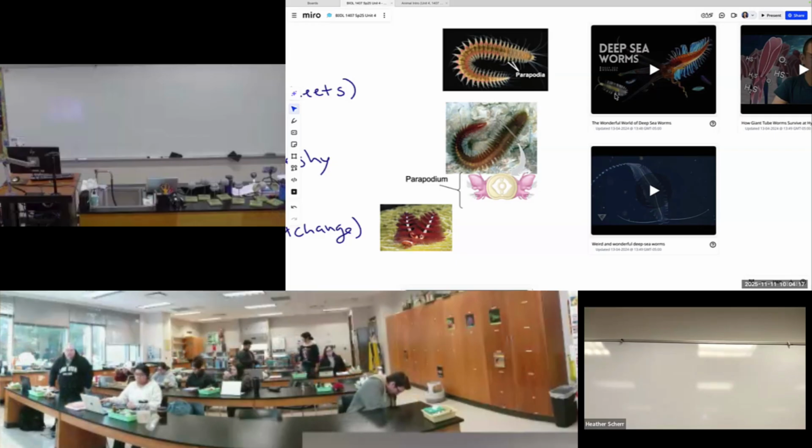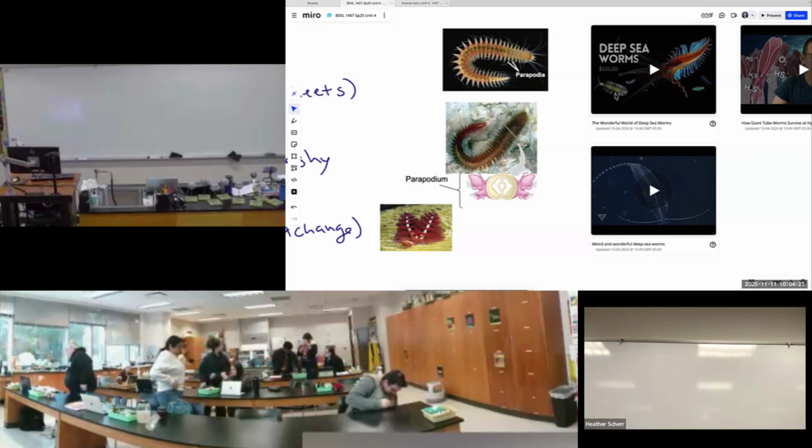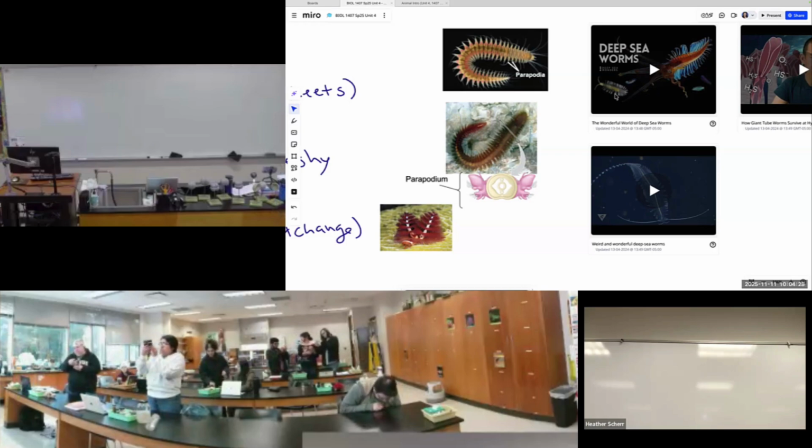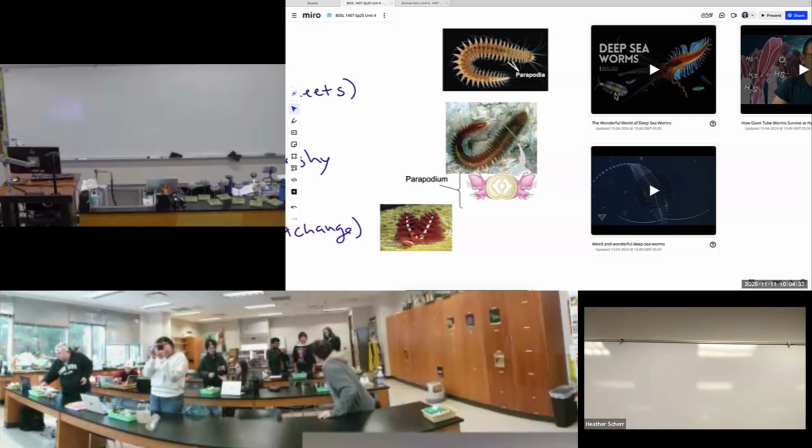So we've got tube worms, we have earthworms, we have leeches, we have bloodworms, what else? We have Christmas worms, we have spaghetti worms. And here's some more. You need to look at more samples. So take a walk around for 1 minute or so. You want to compare them to these as well.